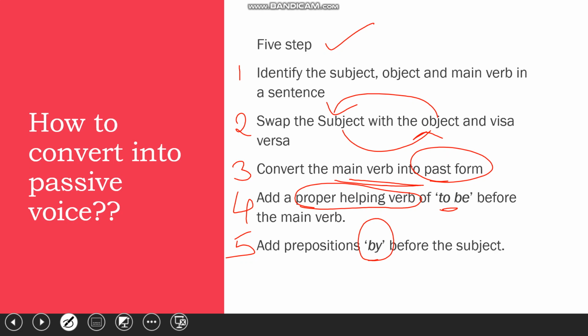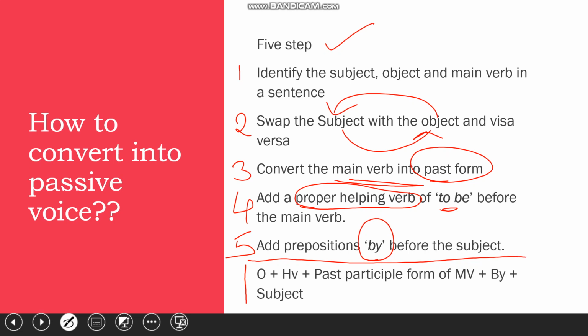You have to add by before the subject. So that means you will have an object, a helping verb, then the past participle form of the main verb, and then the word by, and then the subject.